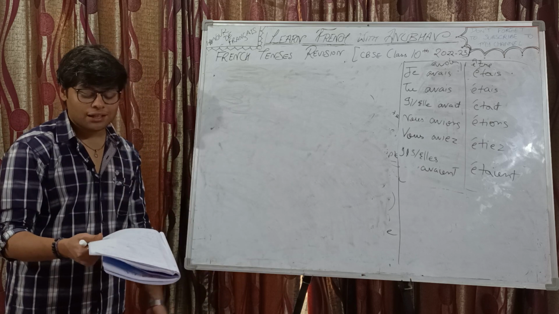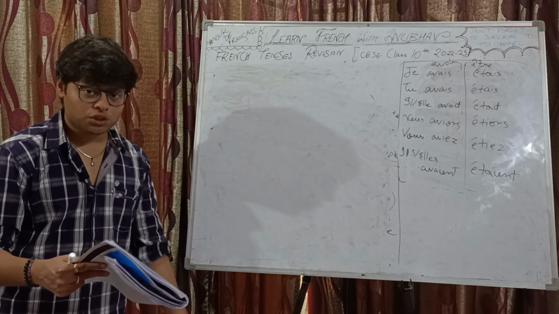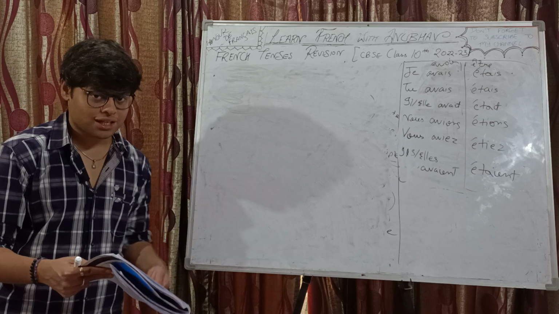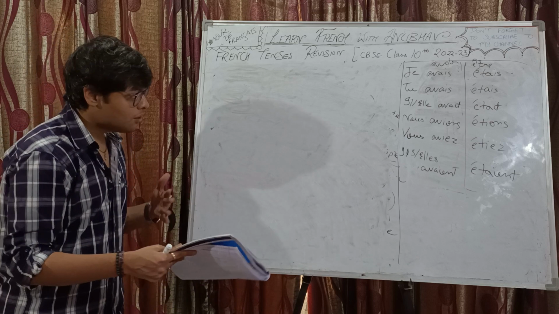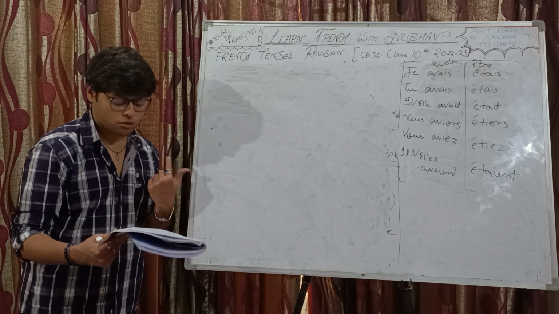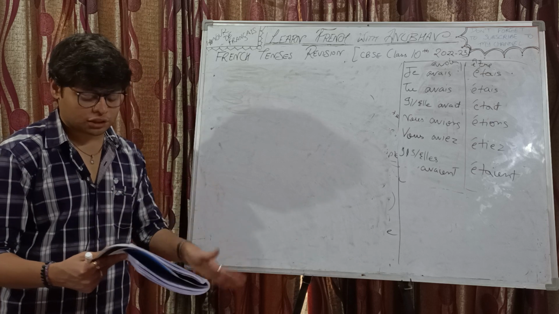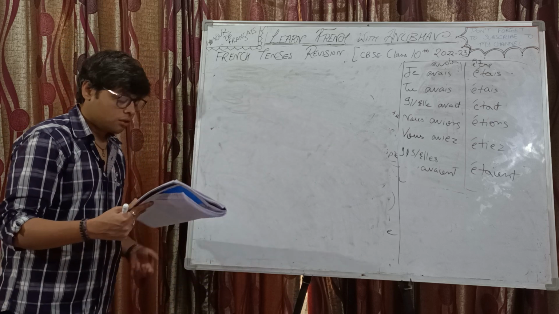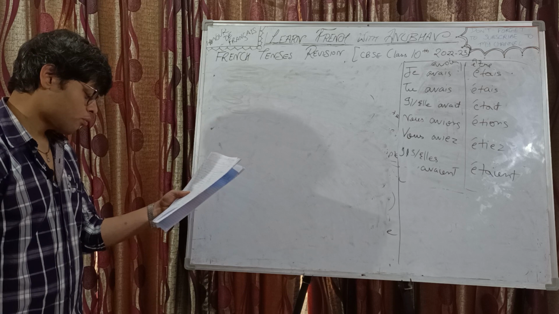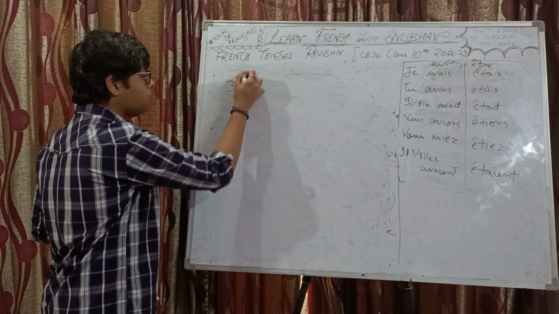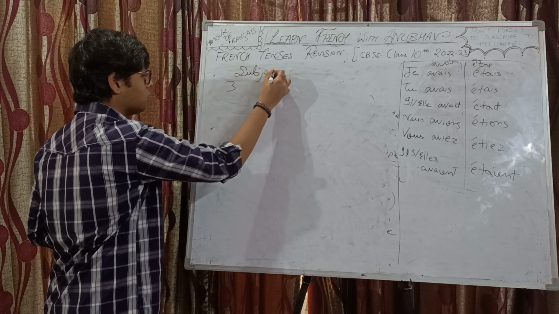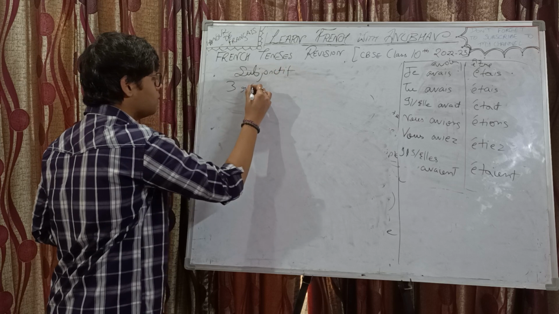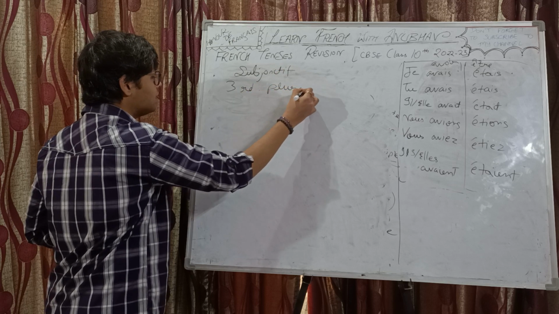You can have your indicators, and after that you'll have a subject, then a blank, and then the rest of the sentence. And how to form subjunctive? We know it well. It's used for desire, obligation, possibility, feeling, thought, etc. We take the third person plural form of present tense conjugation.